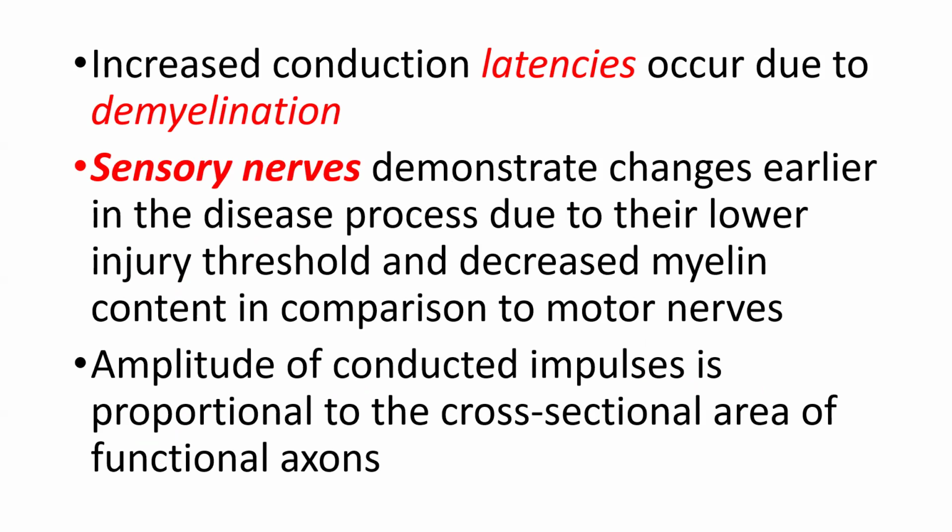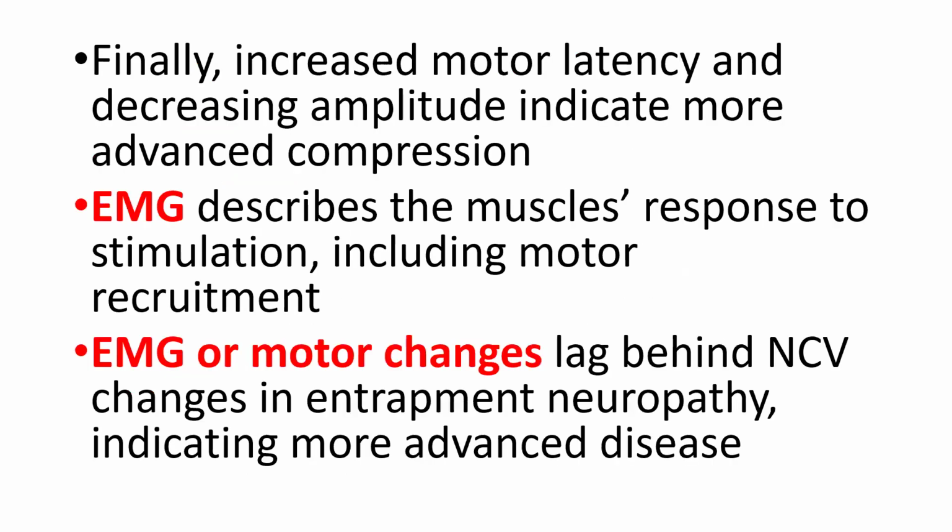Sensory nerves demonstrate changes earlier in the disease process due to their lower injury threshold and decreased myelin content in comparison to motor nerves. Amplitude of conducted impulses is proportional to cross-sectional area of the functional axons. Finally, increased motor latency and decreased amplitude indicate more advanced compression.